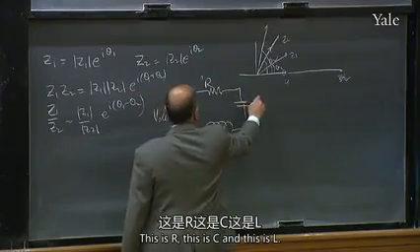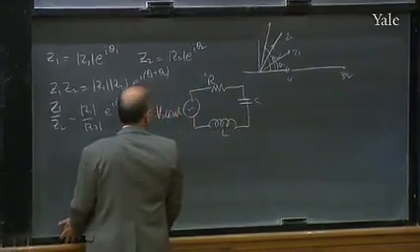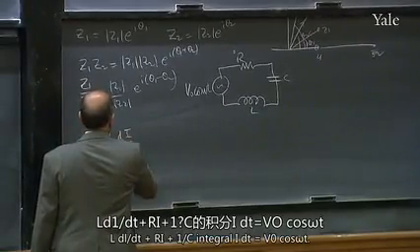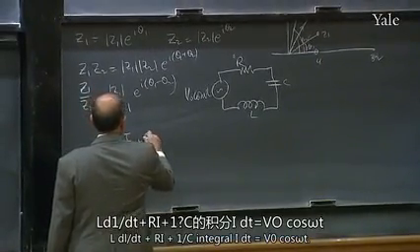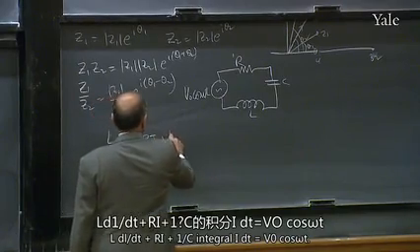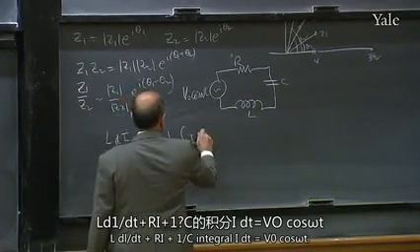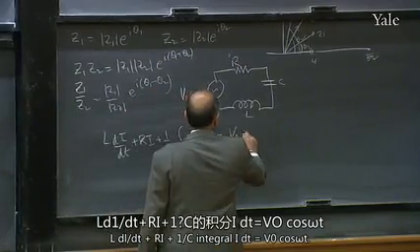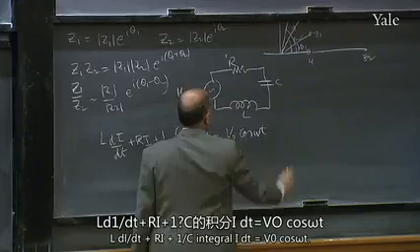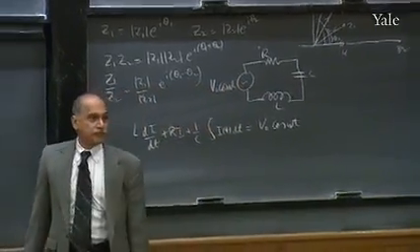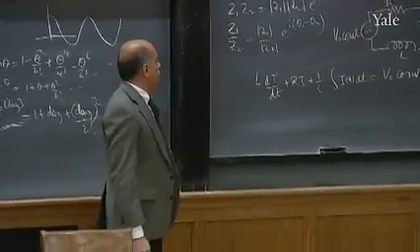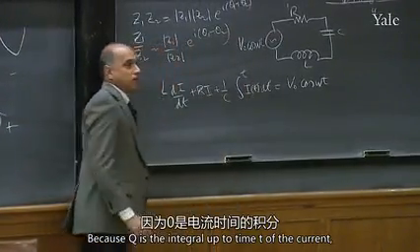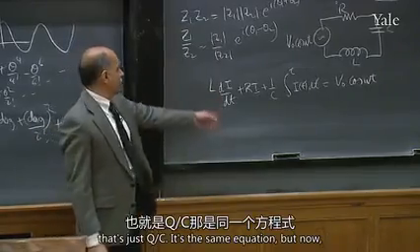This is R, this is C, and this is L. And the equation we have to solve is L di/dt plus Ri plus 1 over C integral I dt is equal to V0 cosine omega t. Because Q is the integral up to time t of the current. That's just Q over C.